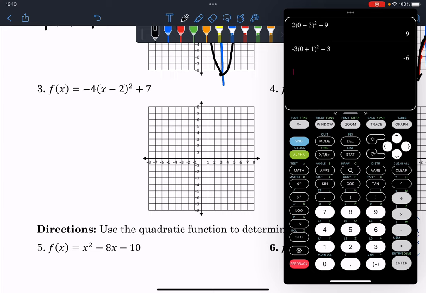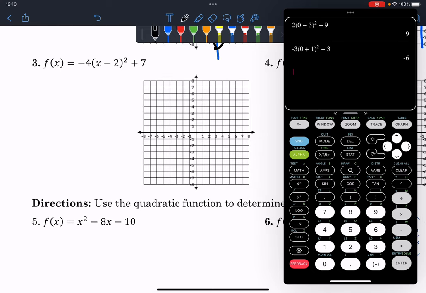Now let's look at example number 4. So here our vertex is at +2, +7. And let's identify our axis of symmetry. Our axis of symmetry, we know it's going to be this line right there.